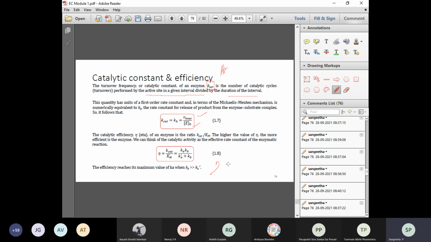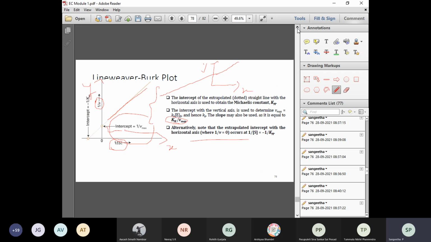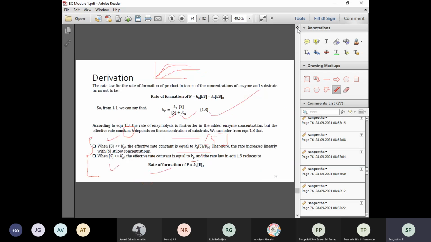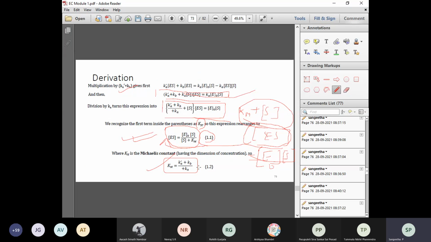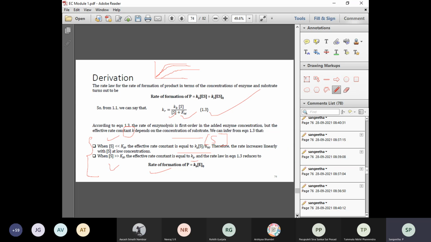So eta is equal to the catalytic constant of an enzyme divided by Km. What is this Km? Km we have already seen in the earlier slide. So bringing back all those things and rearranging, you can have this.